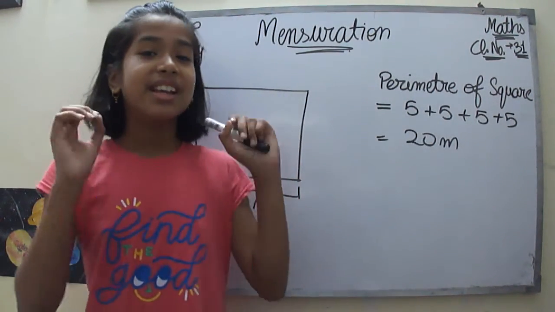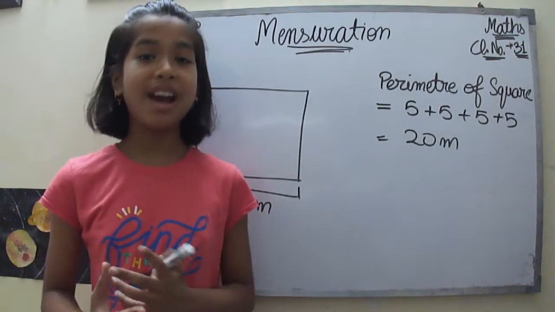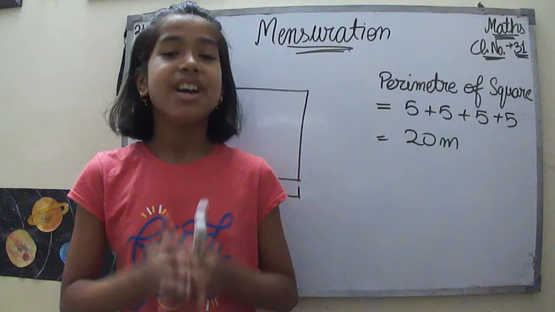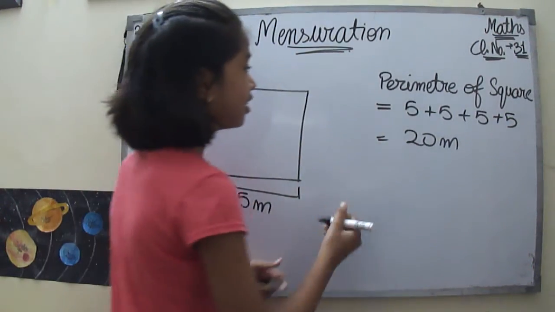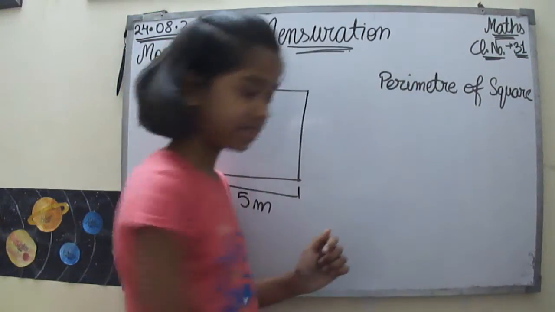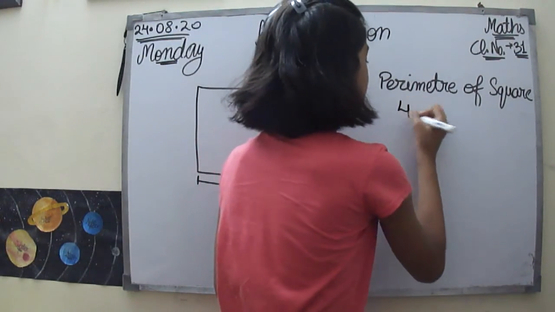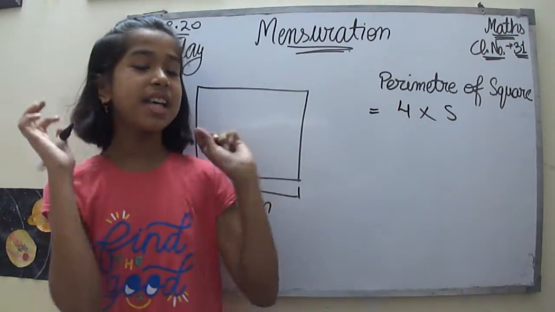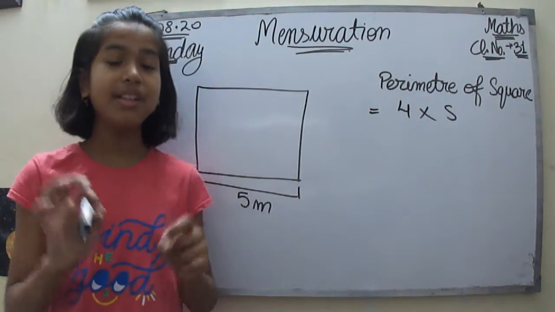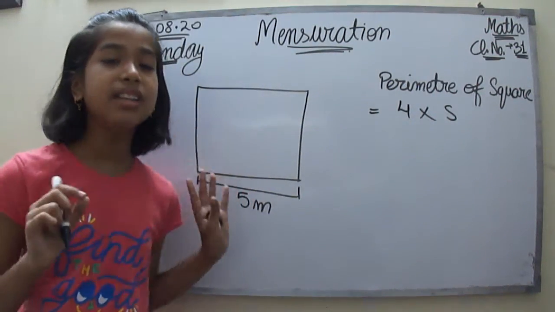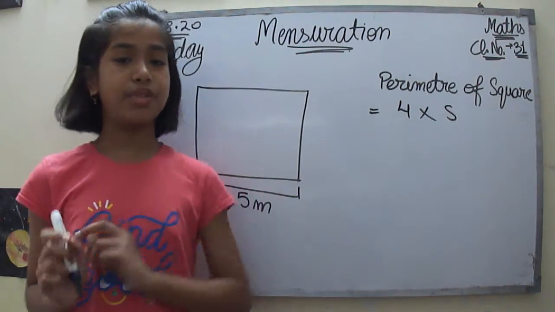So let's build the formula of the perimeter of a square. What will be the formula? The perimeter of a square will be 4 into S. What do we mean by S? S is just a variable which represents the length of each side of the square.